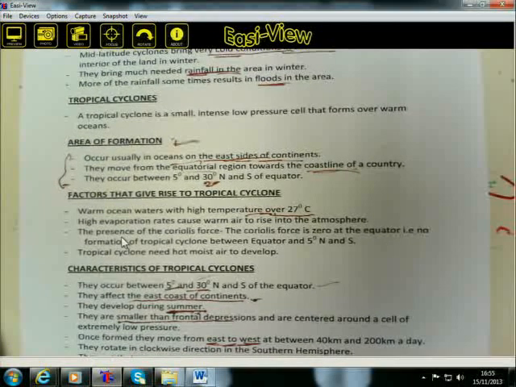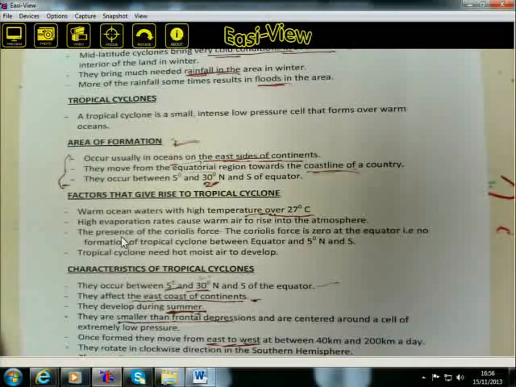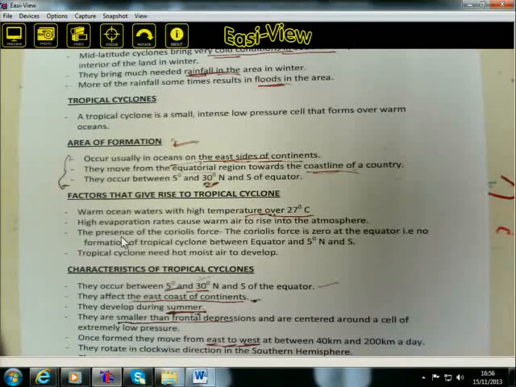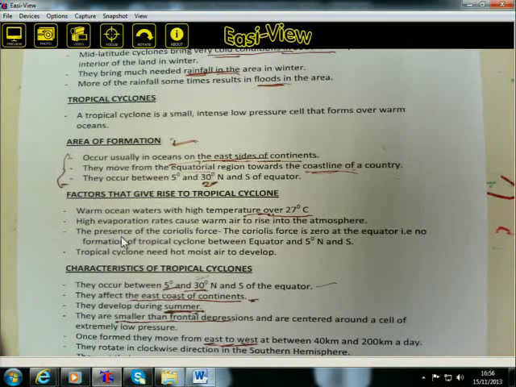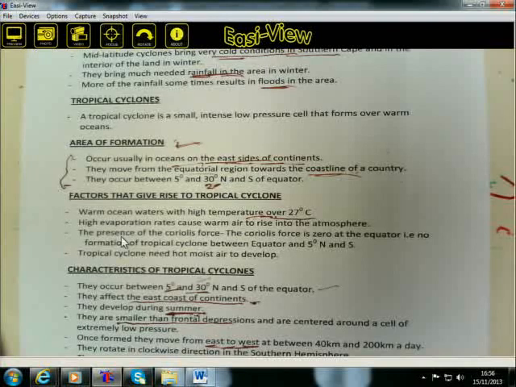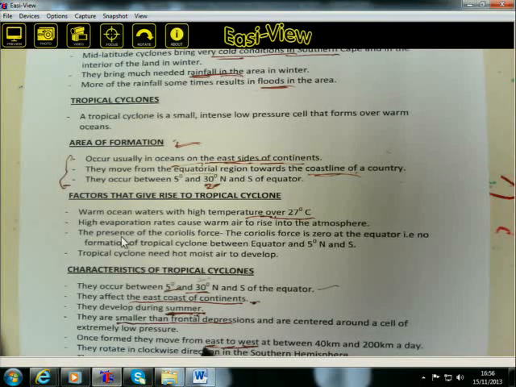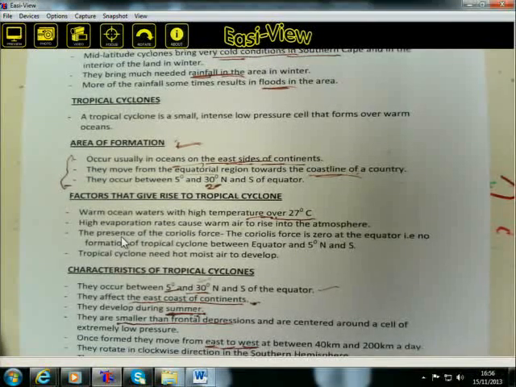It is because they are pushed by the tropical easterlies, meaning they are pushed by the wind from the east to the west. Hence we say once they are formed, they will move from east to west.